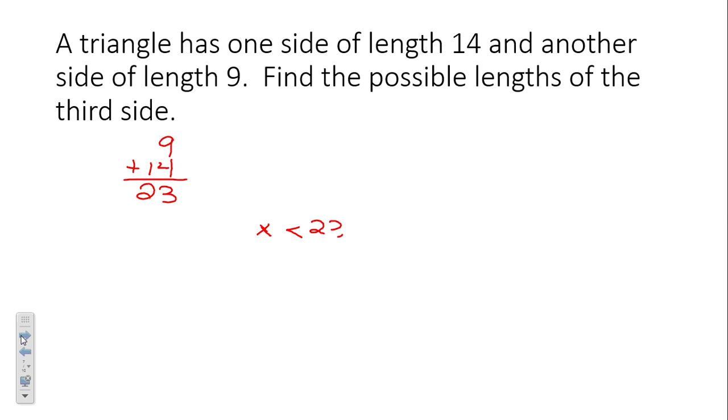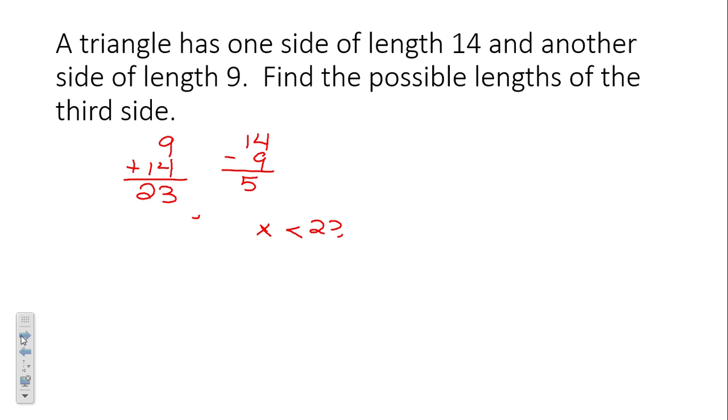What about the other end of it? What's the smallest value that it could be? 15 will work. 14 will work. 13 works. 12 would work. 10 works. 9. So we added here, right? Let's try and take 14 minus 9 to get 5. 5 would make it collapse again, wouldn't it?